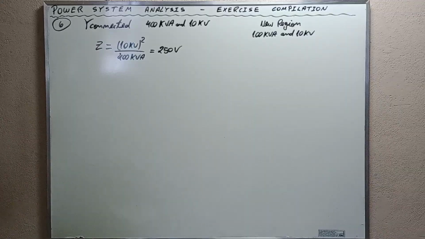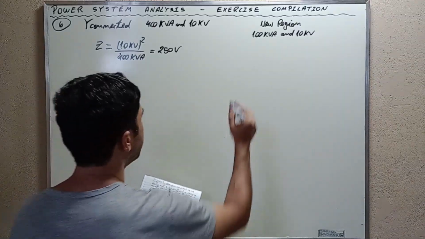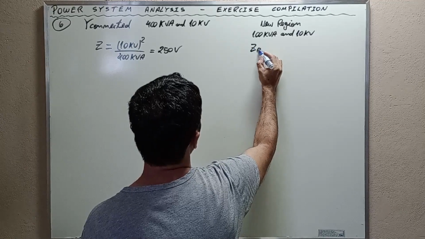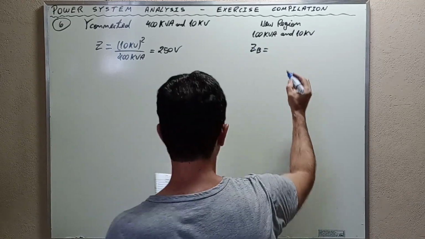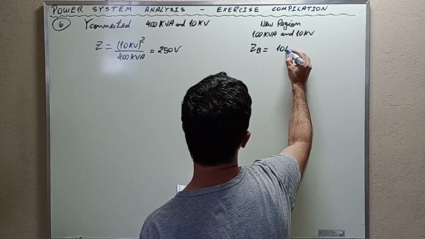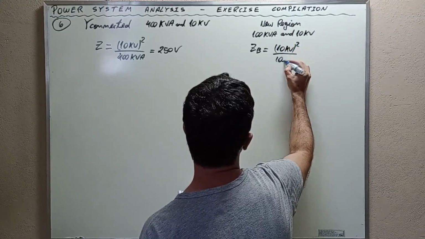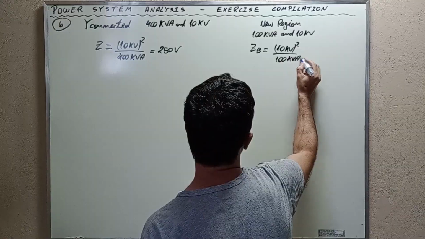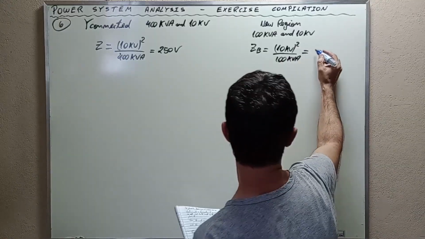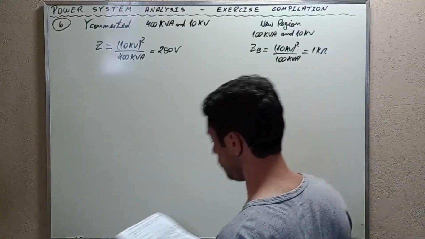Alright, this is the impedance of the equipment. Now let's calculate the base impedance of the system. The base impedance of the system, ZB, is going to be the voltage squared divided by the apparent power. And this is equal to 1 kilo ohms.